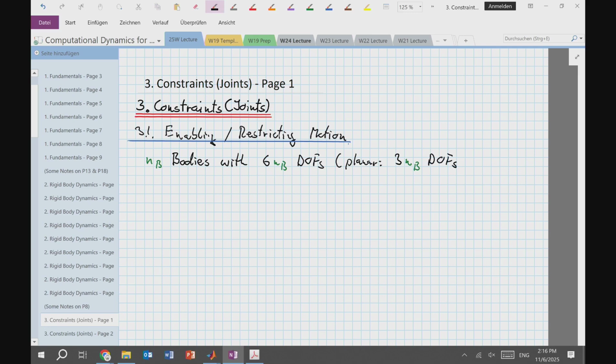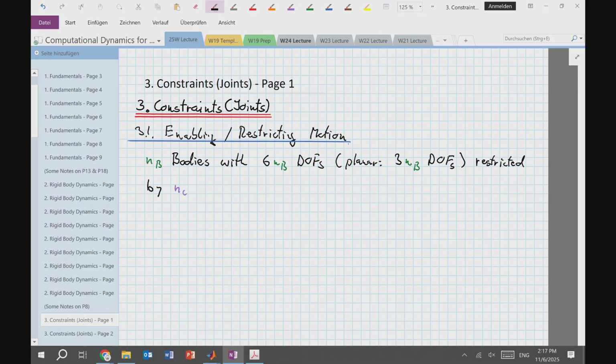DOFs, degrees of freedom. And without the joint, those would be independent. Those would be all the degrees of freedom that we get, but now they're restricted. And they're restricted by a number of constraints.